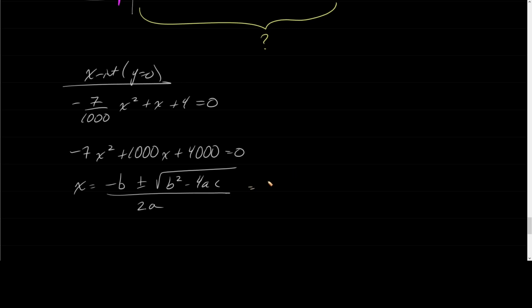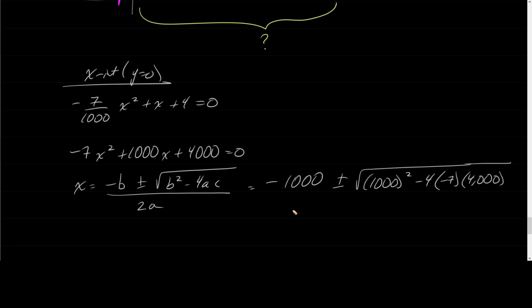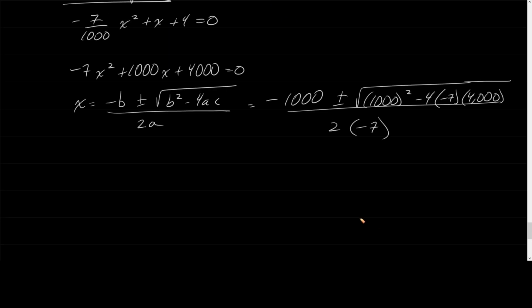So in this case, we have the negative of b, which is 1,000, plus or minus the square root of 1,000 squared minus 4 times negative 7 times 4,000, and then all of this over 2 times a, which is negative 7.